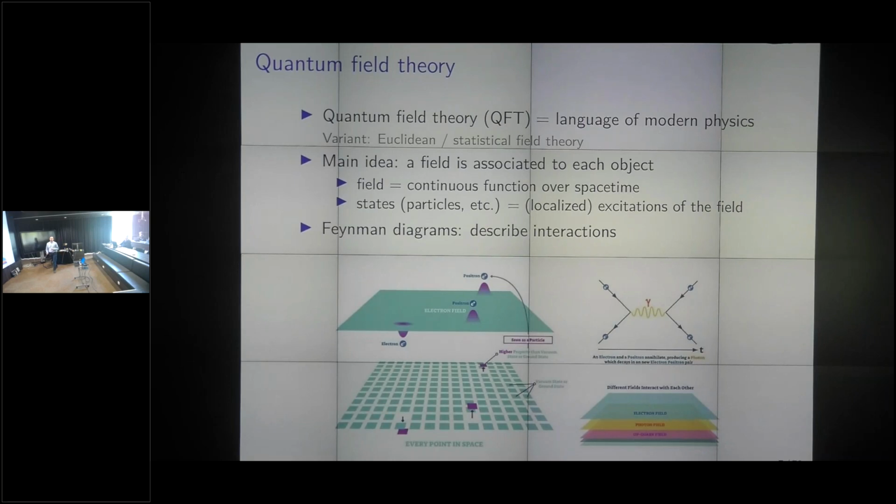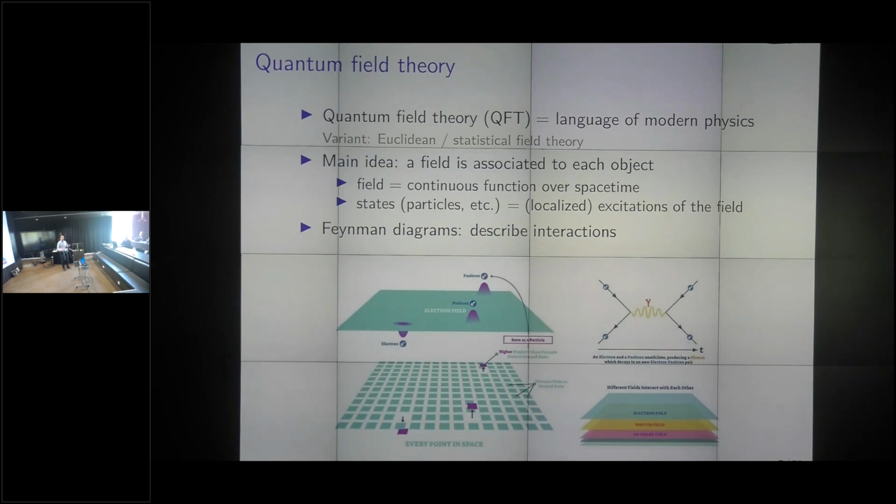So before going to explain string theory, which is one attempt to solve the problem of the previous slides, I just want to have a very brief one-slide introduction to quantum field theory. So QFT is the language of modern theoretical physics. So basically everything we do, in general, at some point, we will use QFT to solve it. Some people will speak about Euclidean or statistical field theory, but I will use this as a synonym.